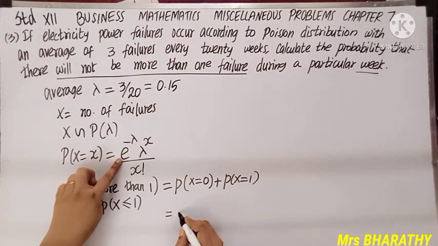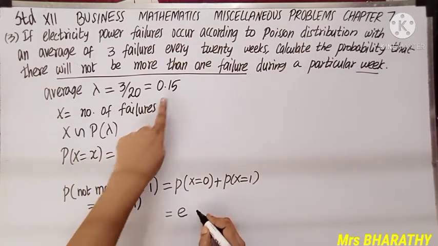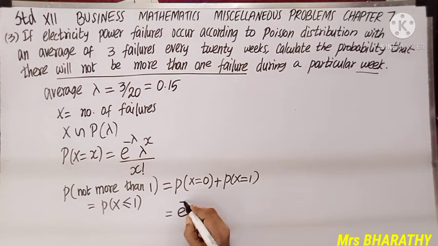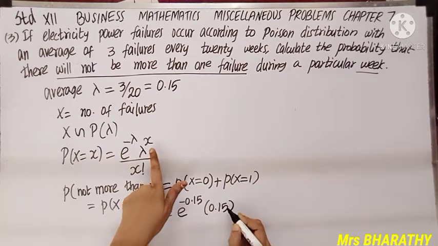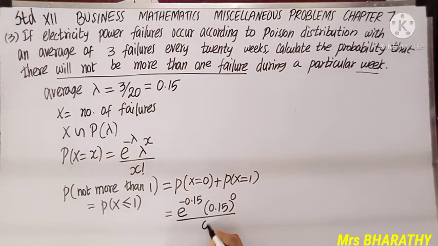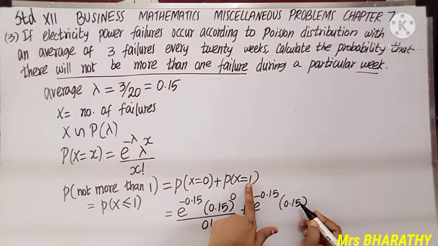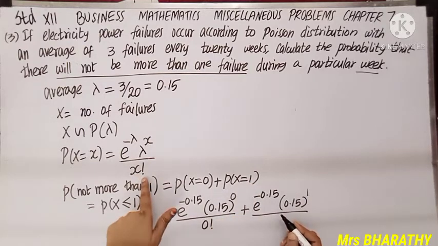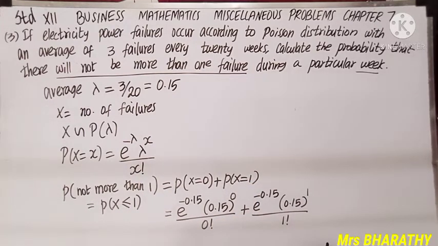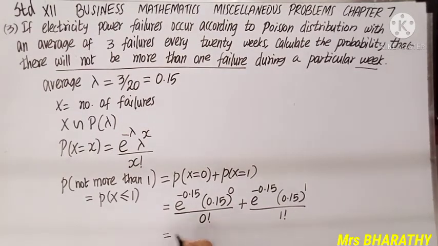In the formula, wherever lambda comes, put 0.15. E power minus 0.15, 0.15 power x value 0 by 0 factorial. Again, e power minus 0.15, lambda power x, 0.15 power x value 1, denominator x factorial. As I simplify, in both cases e power minus 0.15 is common.